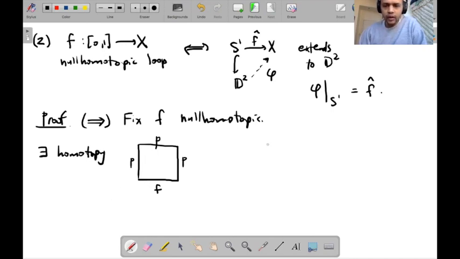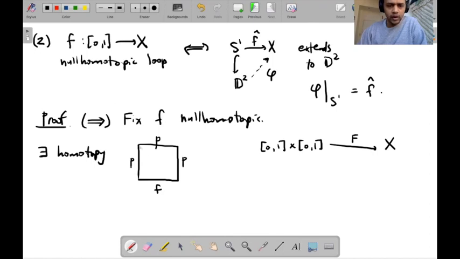And so then we get the following. So we have this homotopy, which is a map, let's call it capital F, into X. And it's constant on these three sides.